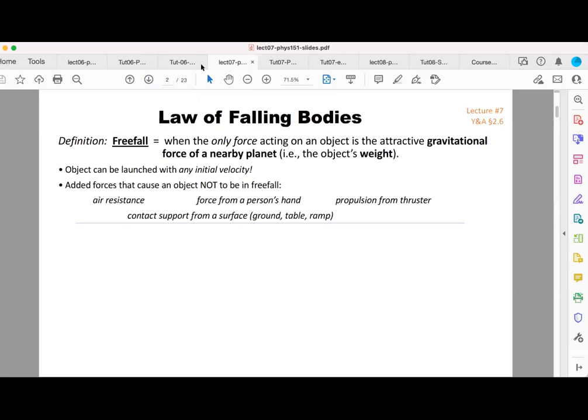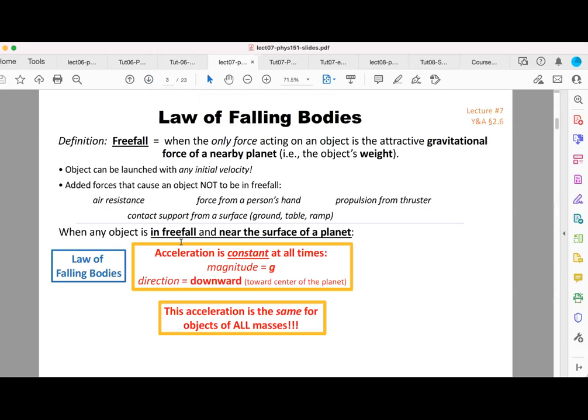Here we can consider forces that cause an object not to be in free fall. For example, the air resistance. Every time you throw a ball up in the air, of course, it's not free fall, right? Because we always have air resistance.